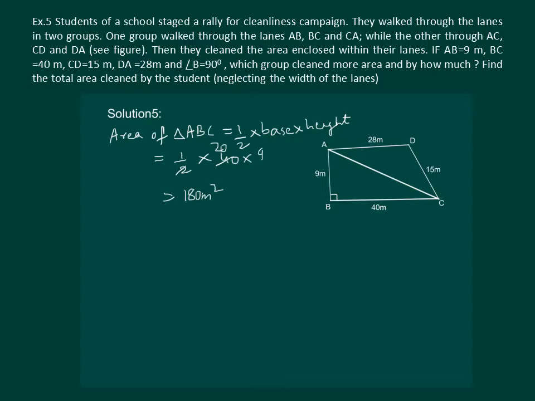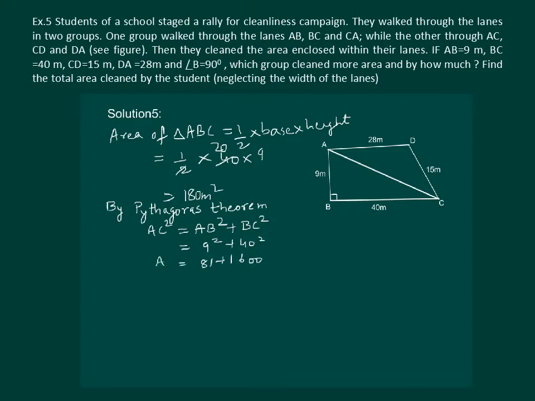But to find the area of ACD, we would need AC, which we can find out using the Pythagoras theorem on triangle ABC. So let us calculate the value of AC square, which is equal to 9 square plus 40 square, which is equal to 81 plus 1600.